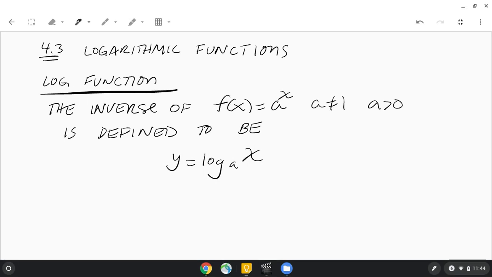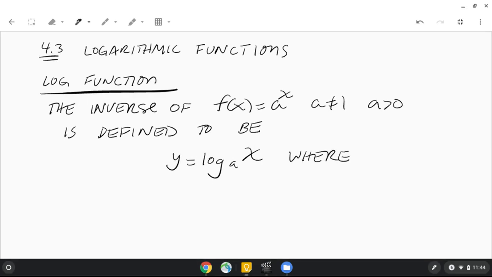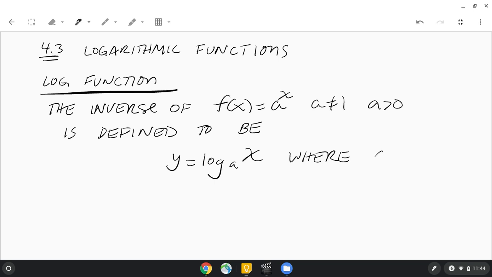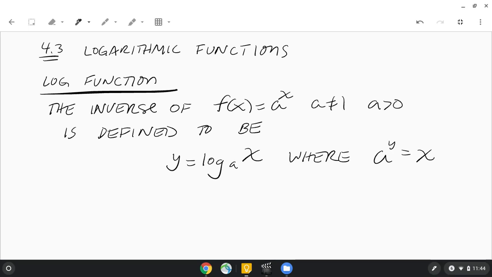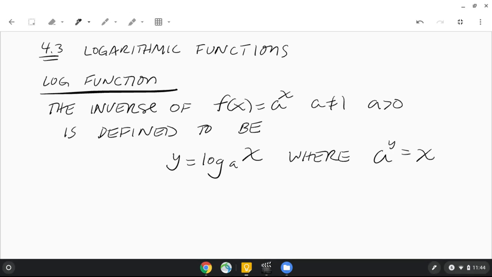Okay, where if you have this log equation, then a to the y must equal x. Okay, these two forms are interchangeable.